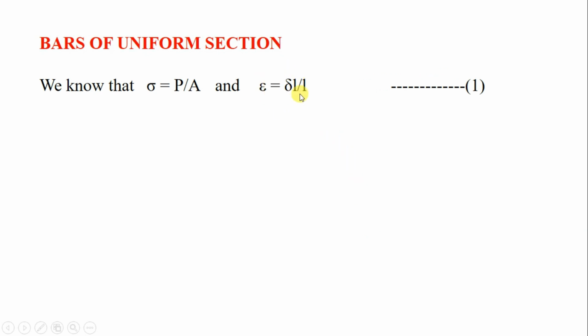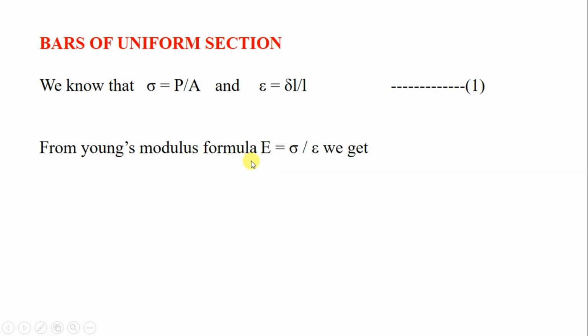Here we know that the stress sigma is equal to P by A and the strain E is equal to delta L by L. Let us denote this as equation number 1. From Young's modulus formula, E is equal to stress by strain. We get strain is equal to stress by Young's modulus, that is sigma by E. And if you substitute the value of sigma is equal to P by A here, we get P by AE.